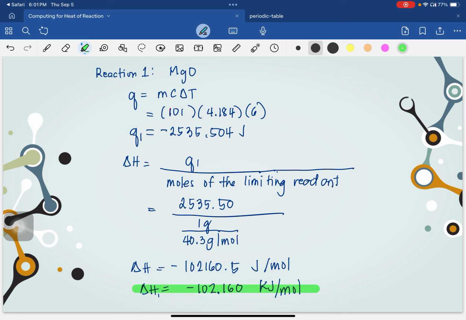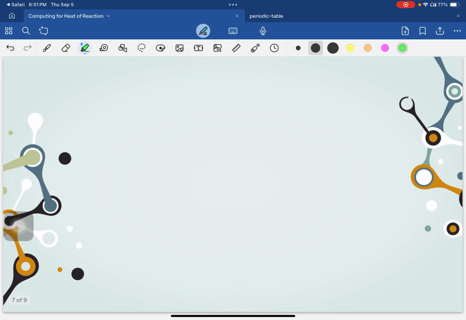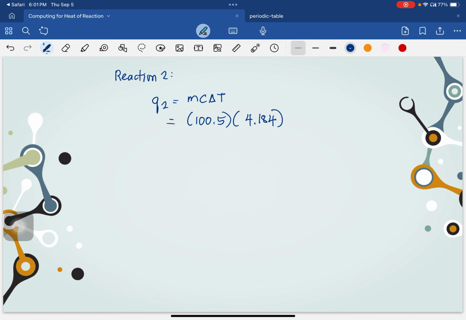Now let's solve for the second reaction. So we'll do the same thing. For reaction 2, we'll still be using Q2 equals MC delta T. In this case, our M here is 100.5. Our C is still 4.184. And then our delta T is 19 degrees.